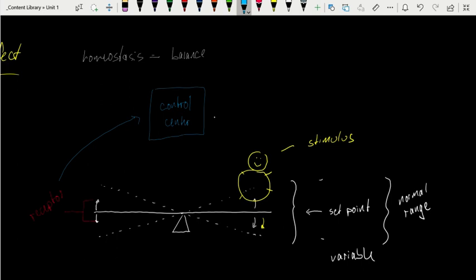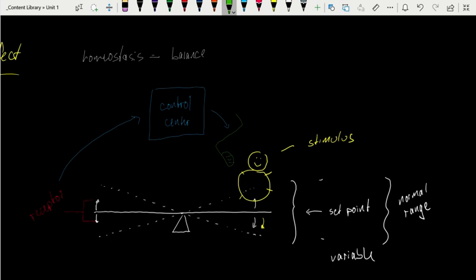And as we saw, that happens here as a boot comes off, in this case to get rid of the stimulus so that set point can be returned. This is a homeostatic feedback loop, and it represents negative feedback.